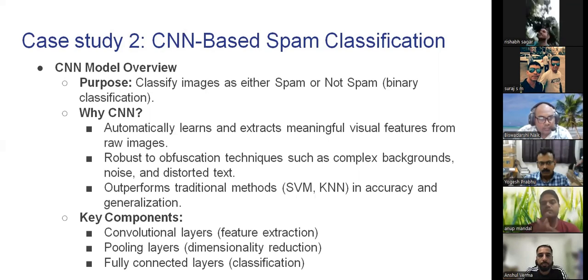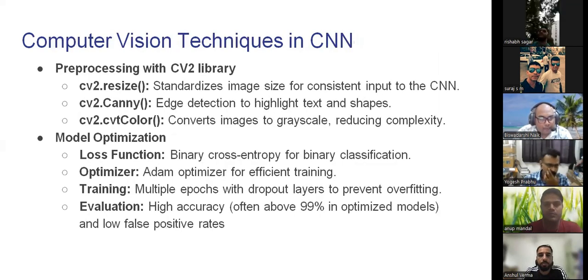Next. Okay. We use OpenCV for pre-processing to ensure consistent and clean inputs. The cv2.resize standardizes image sizes. cv2.Canny highlights important edges like text and shapes.